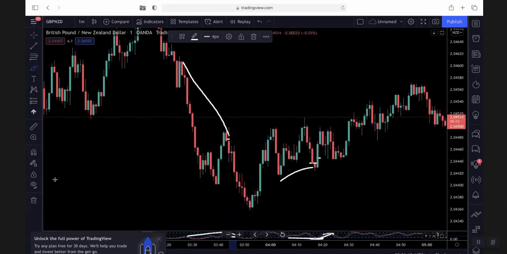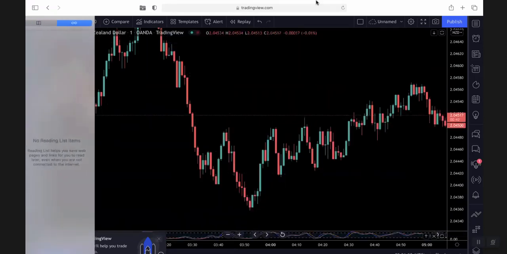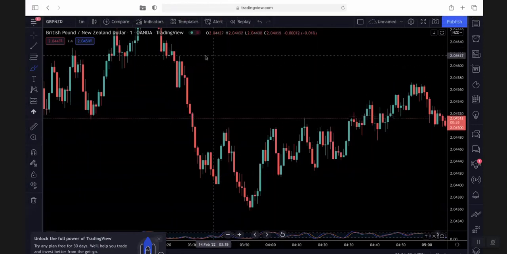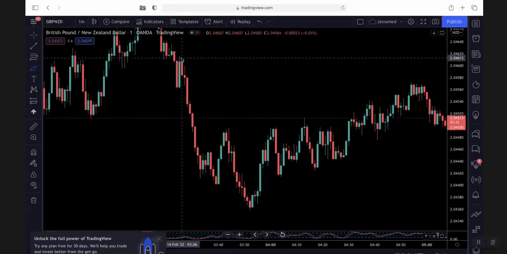For example, when you're waiting for the 4 hour time frame stochastic, say I'm waiting for a buy. The stochastic is making oversold soon, around 20. I want to execute my first trade.